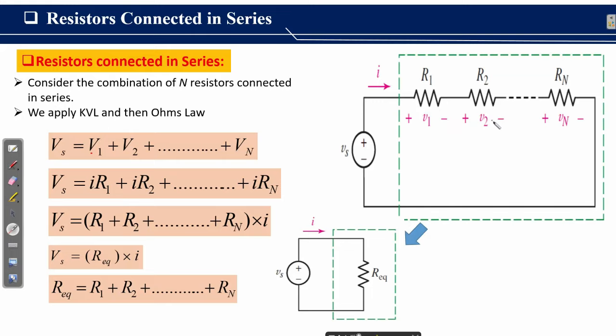So once we know that the resistances are connected in series, we can convert that into this equivalent circuit. You can see that it consists of the applied voltage source Vs in series with R equivalent. R equivalent is the equivalent resistance of R1, R2 up to Rn, and this current I is the same current. So how can we convert this circuit into this circuit?